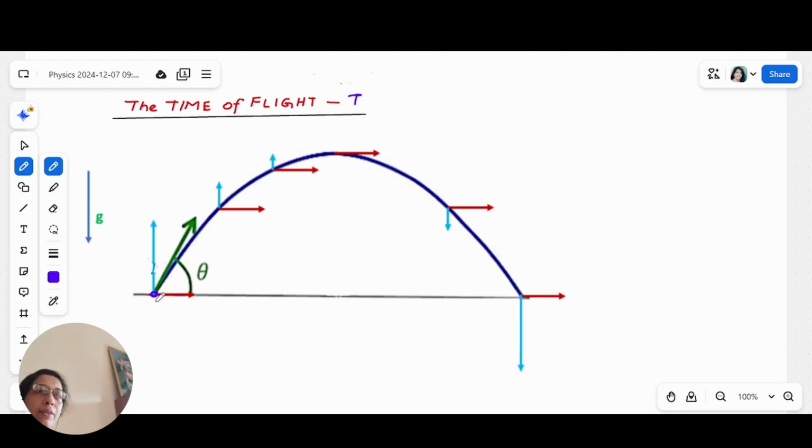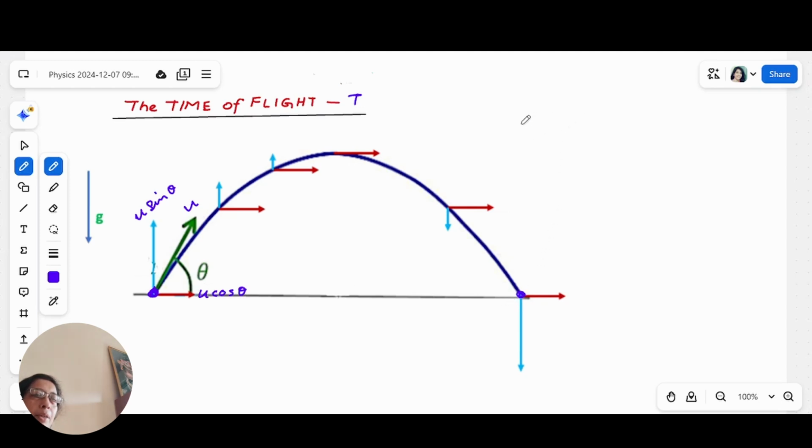The particle starts from the ground with a velocity u, the vertical component being u sin theta and the horizontal component u cos theta, which is not required for the calculation of time because time is affected by the vertical motion only. Initially the particle starts from ground and finally it reaches the ground, so there is no net vertical motion.